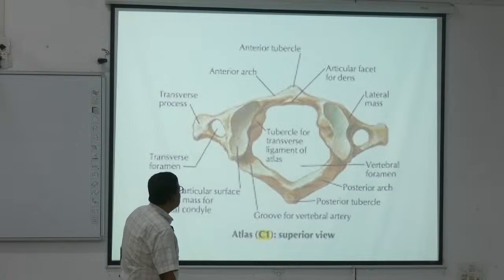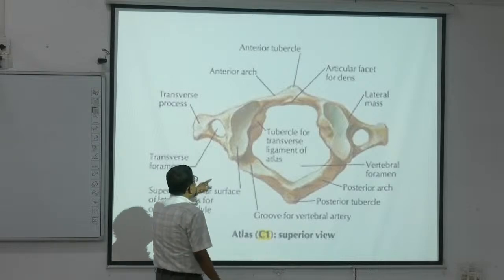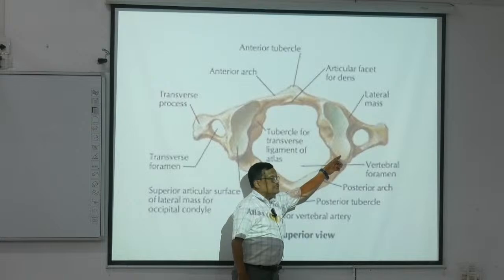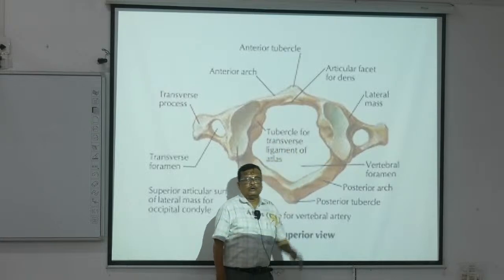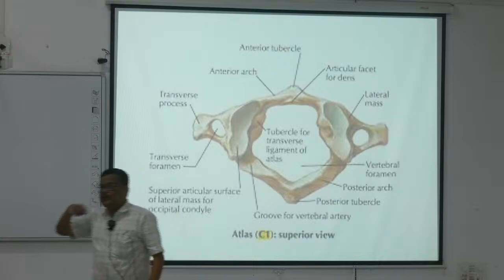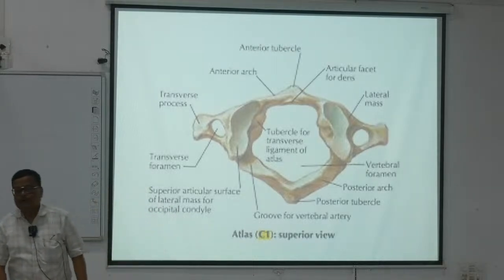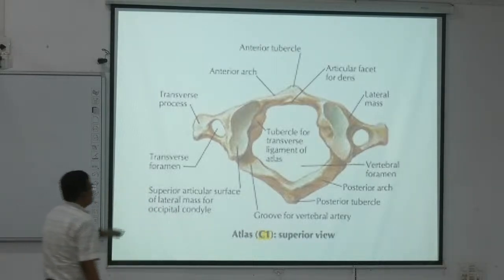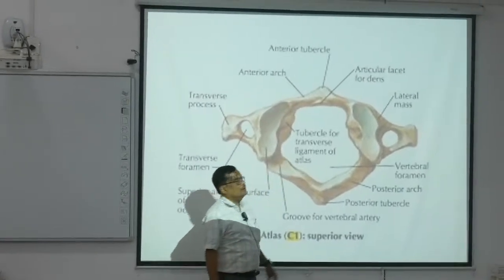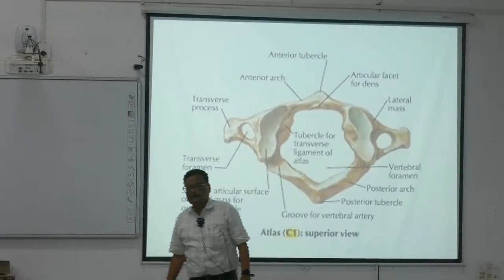This is the atlas, and the atlas has a superior articular facet which is concave and kidney shaped. So this is the superior articular surface of the lateral mass of the atlas, right?